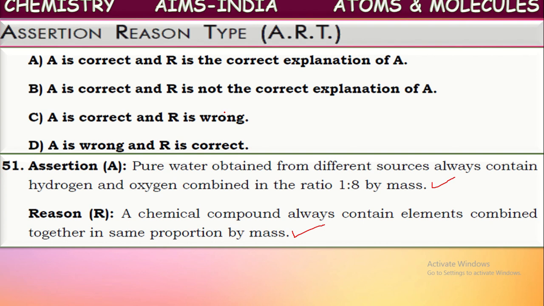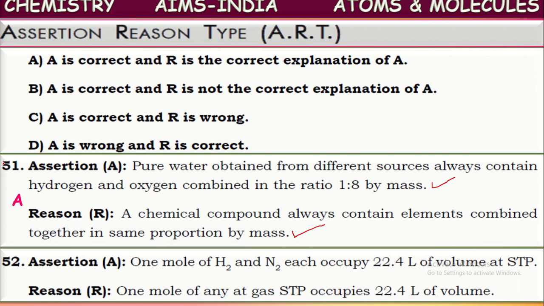That was explained in the law of constant proportions or law of definite proportions. So this is also correct. So assertion and reason both are correct, and reason is the correct explanation for assertion. That is the first answer. Okay, that's correct. So the next one.